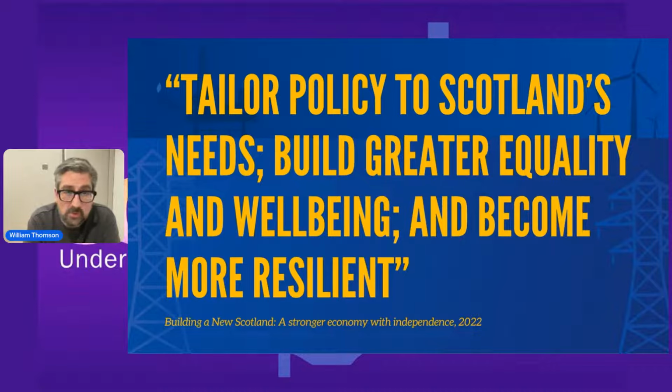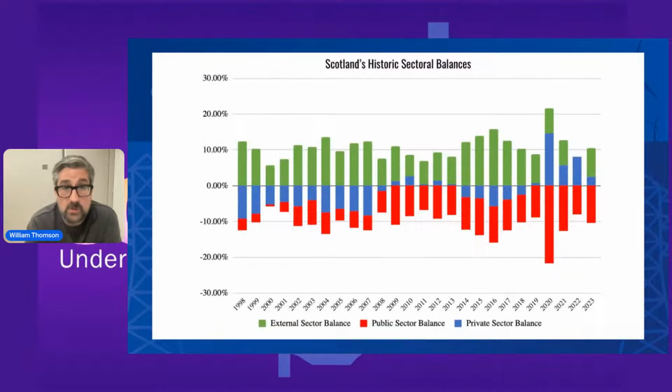It's copying the policy from a bloc with 27 countries that you're not even a member of, which was designed for particular economic and political reasons. So indeed, tailor the policy. And when you do that, there'll be no following the Stability and Growth Pact. And we believe that if we use the sectorial balances as a tool, that'll help us do that.